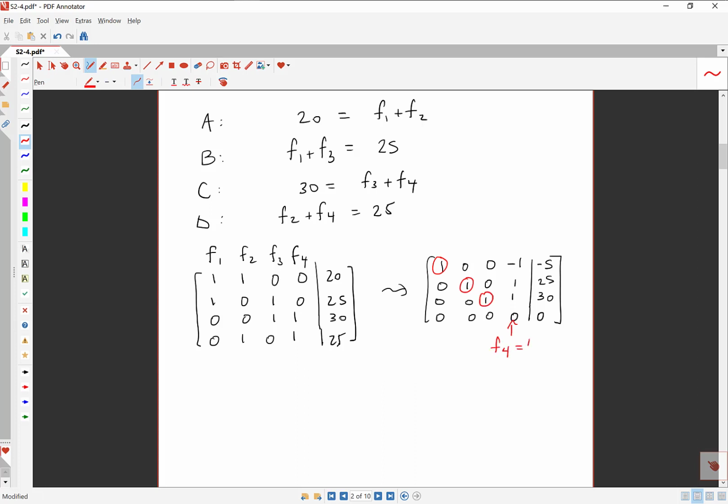So F4 will be T, and then we can solve for the other F's in terms of T. So the top equation will say F1 minus F4 equals -5. We just solve this for F1. F1 equals -5 plus T. And let's do a similar thing for F2 and F3. So F2 will be 25 minus T, and F3 will be 30 minus T.